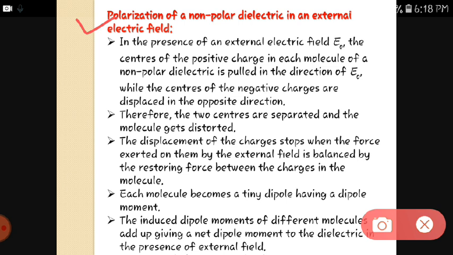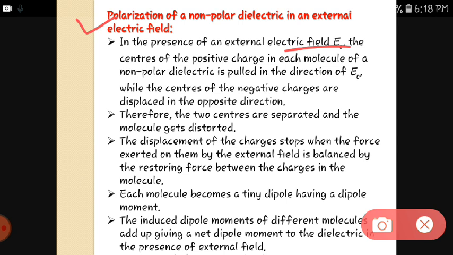Dipole moment is not there in non-polar. This is the basic concept of a non-polar molecule, right? But now we are going to give an external electric field to a non-polar molecule, and let's see what happens. So in the presence of external electric field E0, which has been denoted by E0, and the centers.